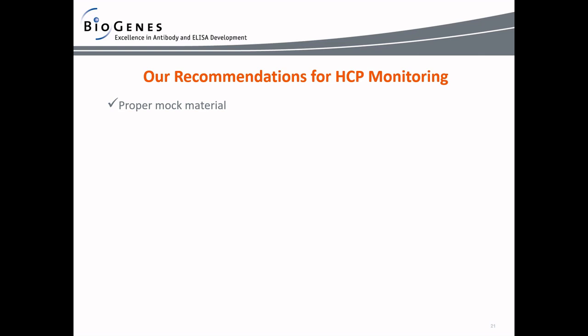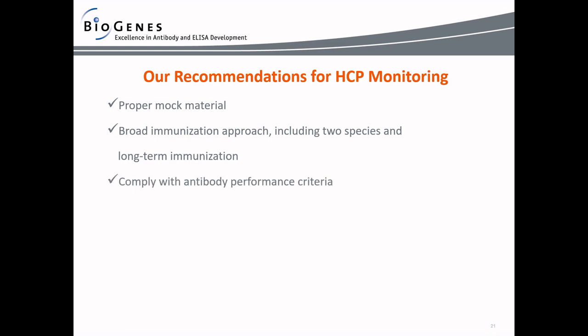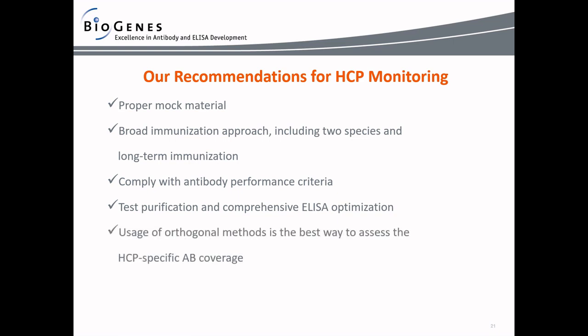For this purpose, we offer a broad immunization approach, including 2 species and long-term immunization. Moreover, we comply with antibody performance criteria and we provide test purification and a comprehensive ELISA optimization. And as I told you, due to the methodological limitations, the usage of orthogonal methods is the best way to assess the HCP-specific antibody coverage.